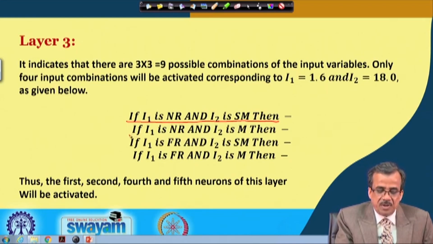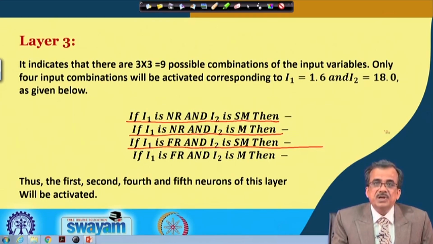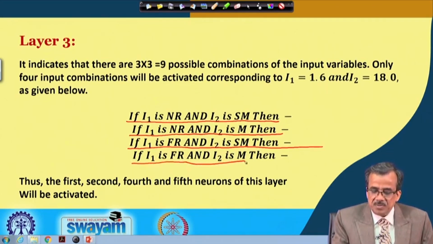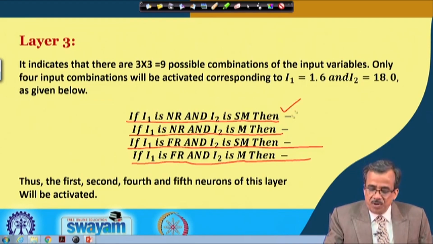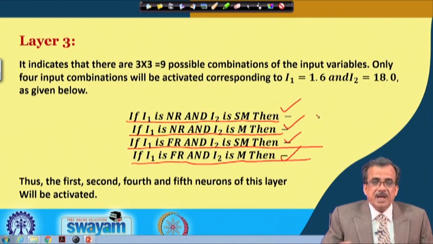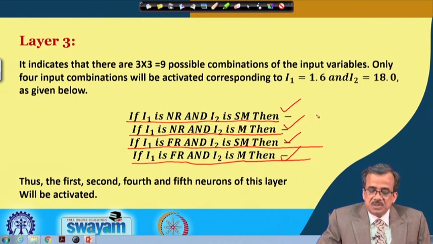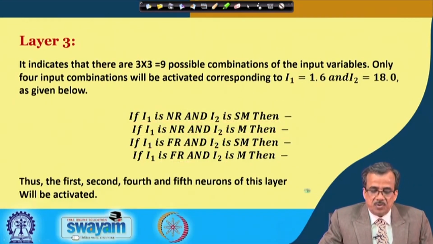The second fired rule, if I1 is near and I2 is medium, then the output is something. The third fired rule, if I1 is far and I2 is small, then the output is something. Then if I1 is far and I2 is medium, then the output is something. So, there are 4 fired rules. Out of 9, 4 rules are going to be fired. Now, corresponding to these fired rules, we will have to find out what should be the output.